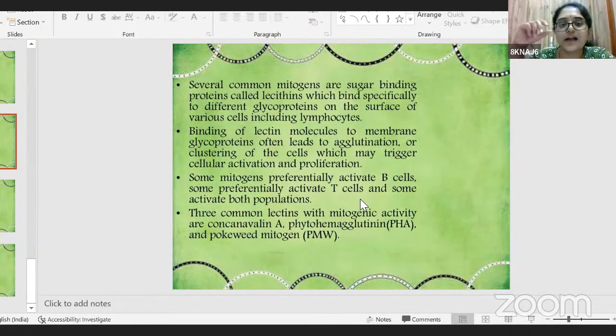So you can call a hapten an incomplete antigen. Very small molecules, they can elicit an immune response only when they are attached to large carrier proteins. Typically, no immune response, even if it enters the body.